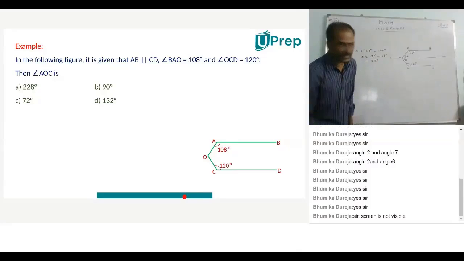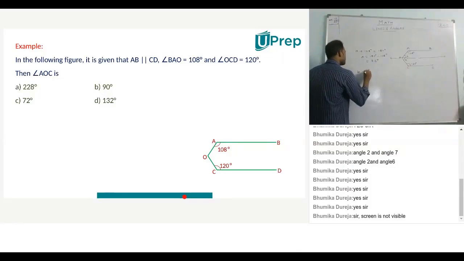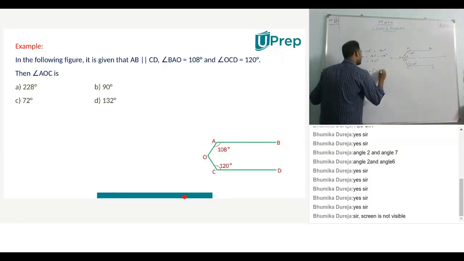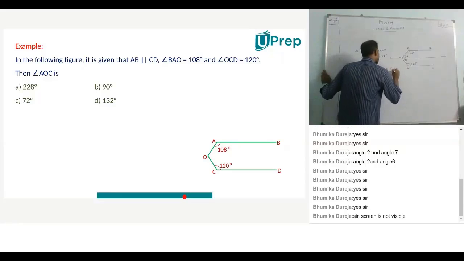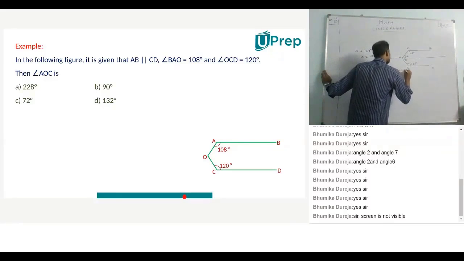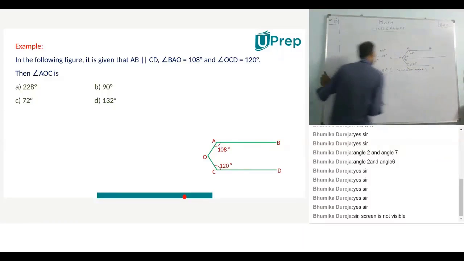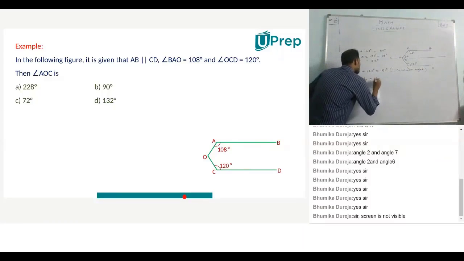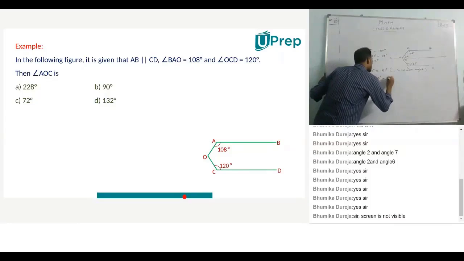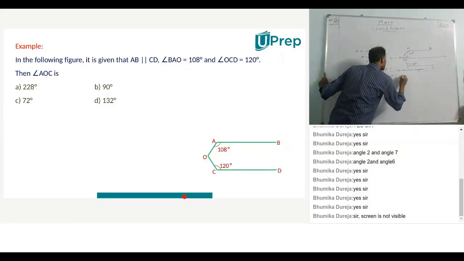In the same way, B plus 120 will be 180 by co-interior angles. So B is equal to 180 degrees minus 120 degrees, which is equal to 60 degrees.